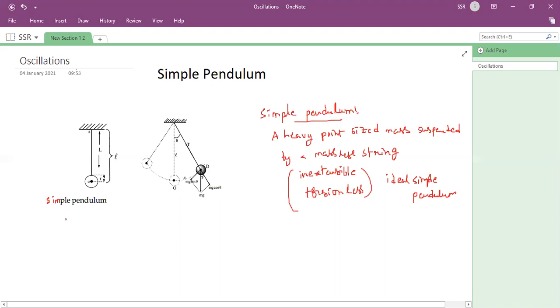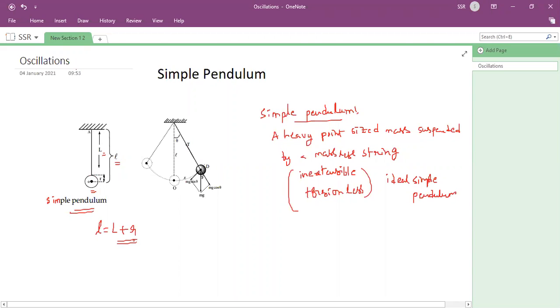You can see the first diagram, a simple pendulum. This is a bob, let me say a sphere. A heavy sphere, mass is more but size is small. That is the condition. It is connected to a string or a wire of length L. Capital L is the length of the string, small l is the length of the pendulum. What is the difference? Small l is equal to capital L plus R, the radius.